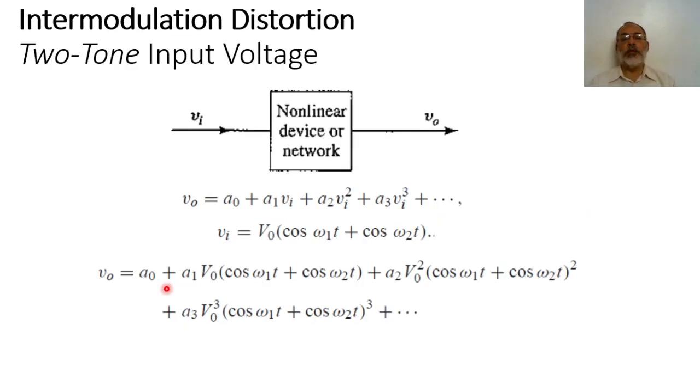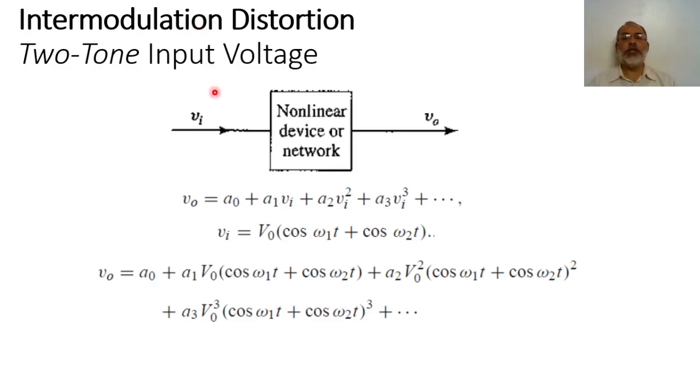Another problem due to the nonlinearity is the intermodulation distortion. In the previous case of harmonic generation, we were talking about a single signal with a single frequency.